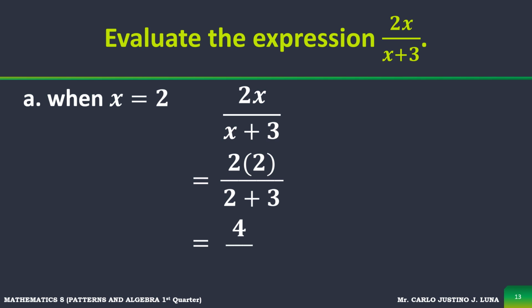Good. 2 plus 3 is 5. Therefore, if our x is 2, the value of our expression 2x over x plus 3 is 4 over 5. Since this can no longer be reduced to lowest terms, eto na yung ating final answer. Understood? Great.